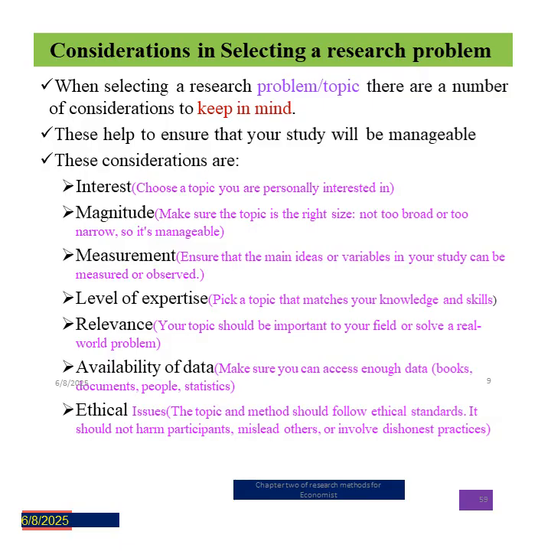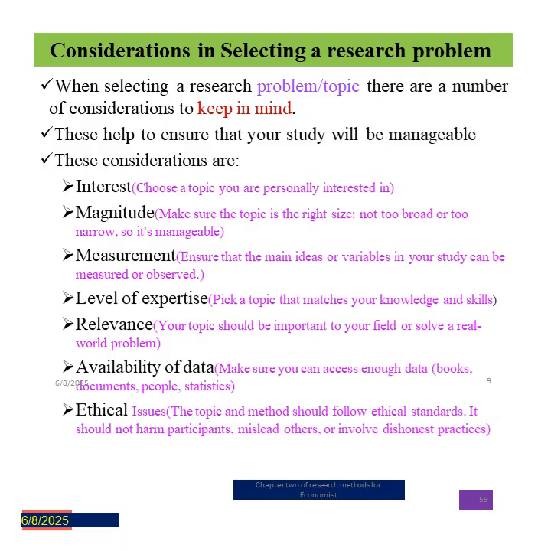If there is no data, for example, you have to identify whether the research topic that you select is available with the existing data. Otherwise, if data is confidential, or if that data is not found in any company or in the book, you cannot finish your research and you cannot graduate. So make sure you can access enough data, books, documents, people, statistics, and so on.